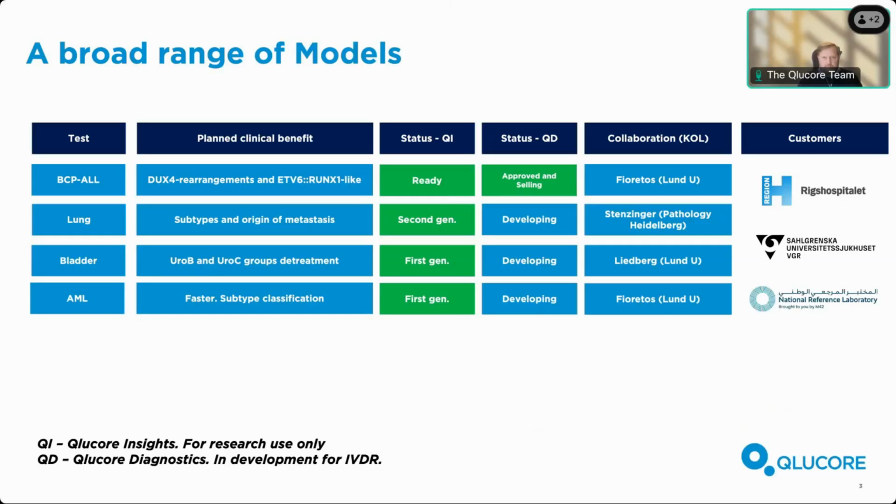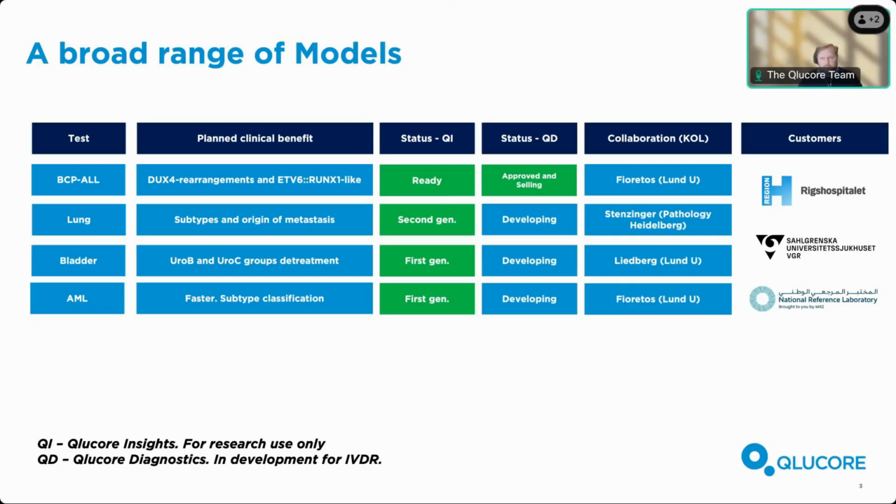Here is an overview of the tests that are available for Qlucore Insights and Qlucore Diagnostics at the moment. For Qlucore Insights, we have the BCP ALL test, the acute lymphoblastic leukemia test, which is also available in Qlucore Diagnostics.